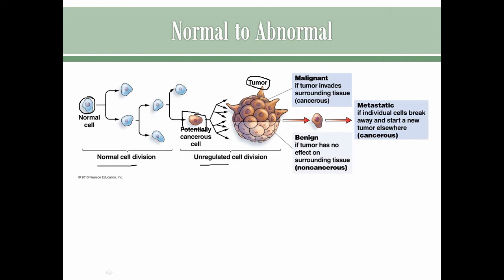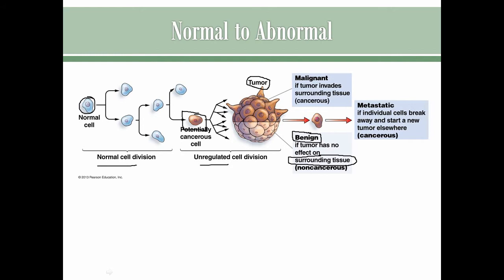Now, tumors can come in two different forms. I'll start with this one first. You probably have heard these words. A tumor is benign if it has no effect on the surrounding tissue. Being female, I'll give a female example. You may have heard of someone who has a cyst on their ovary.